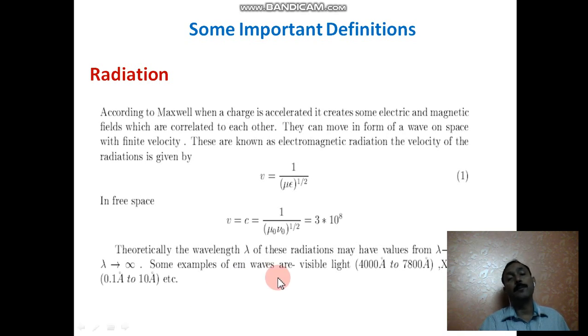Some examples of EM waves are visible light in the range of 4000 angstrom to 7800 angstrom, and X-rays, whose wavelength range is 0.1 angstrom to 10 angstrom, etc.